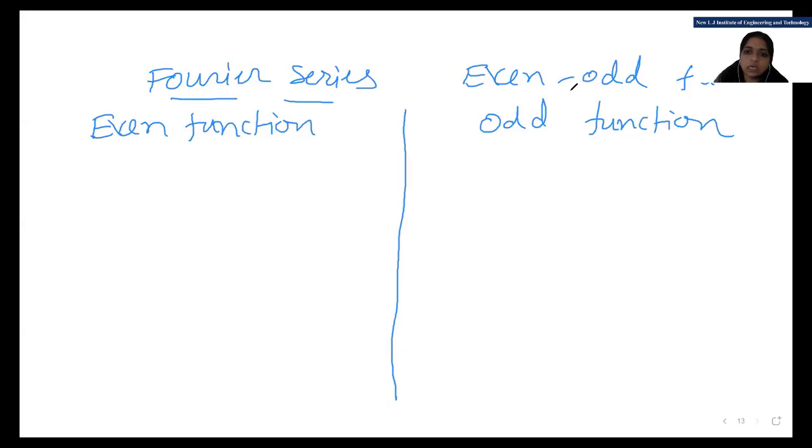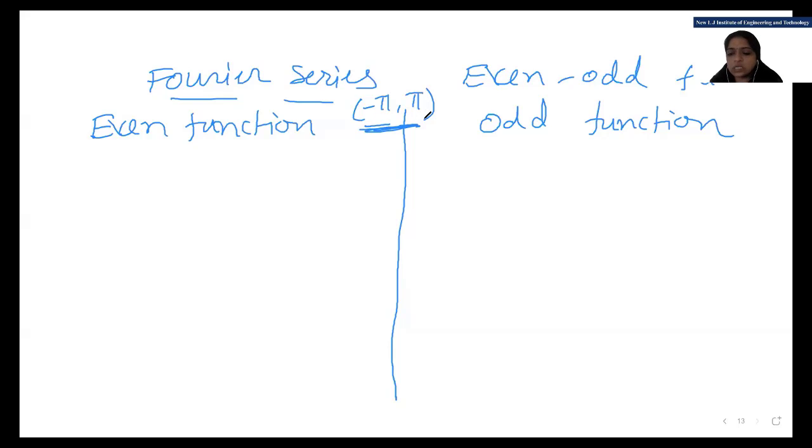For Fourier series, if your function is even, and your limits are minus pi to pi, okay, I am taking the period minus pi to pi.